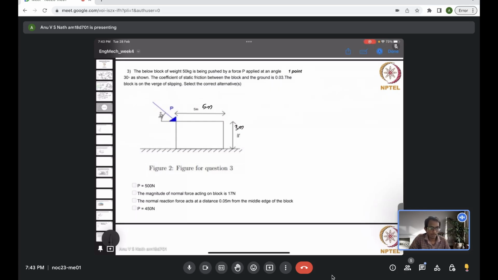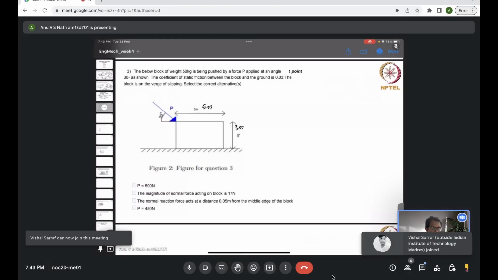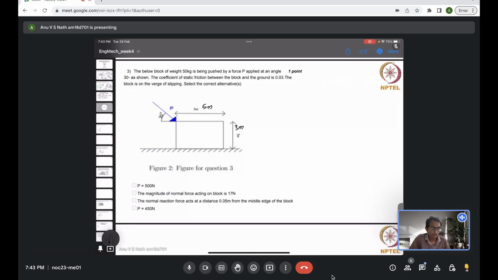Because here there is friction, which will not pass through the centroid anyway, that will create a moment. So you need to consider the moment balance: the moments created by all the forces should add up to 0 for this system to be in equilibrium. You just need to draw the free body diagram and do the force balance and moment balance.